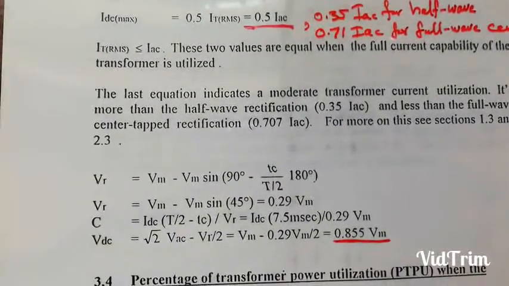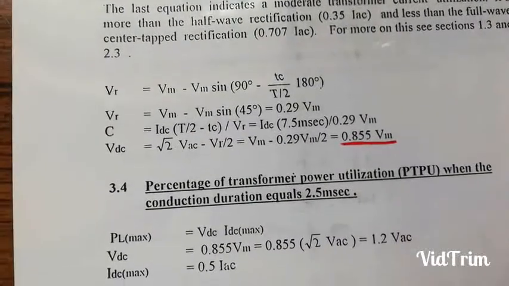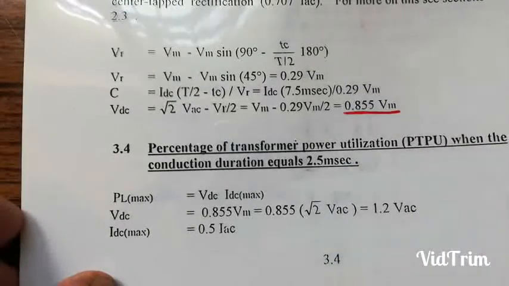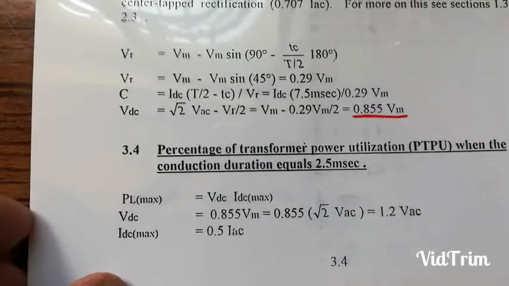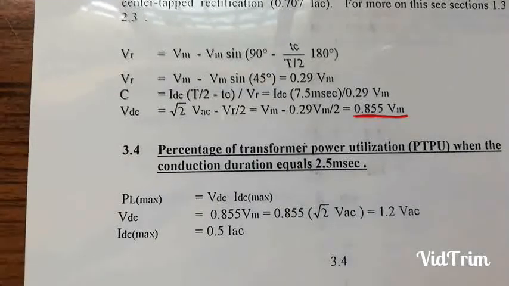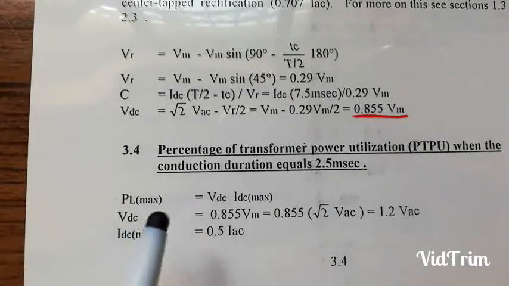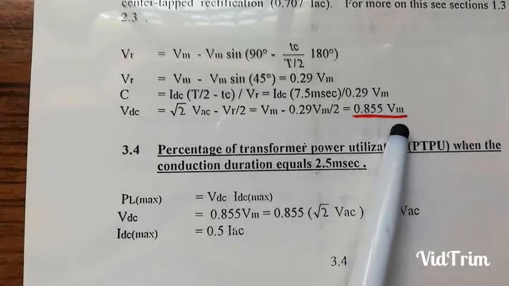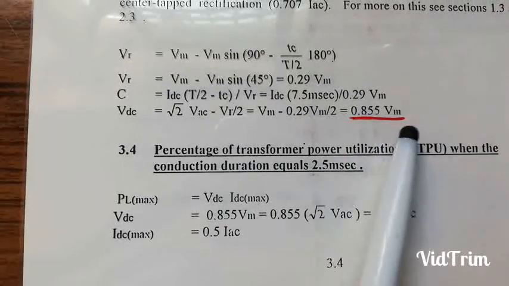Okay, now let's go further into things. Now, what's the value of the VDC? I don't know, probably I slid past it fast. No, this is not fast, it's good enough. Now, to know the value of the VDC, after a few equations, here's what you get. You get 0.855 of the VM. Okay.